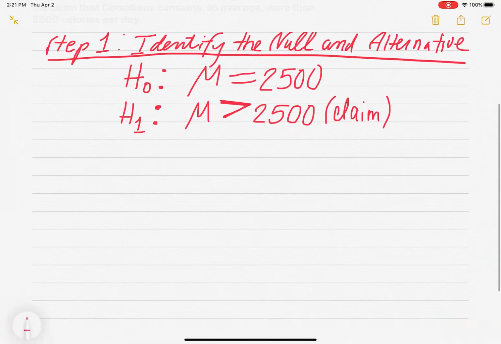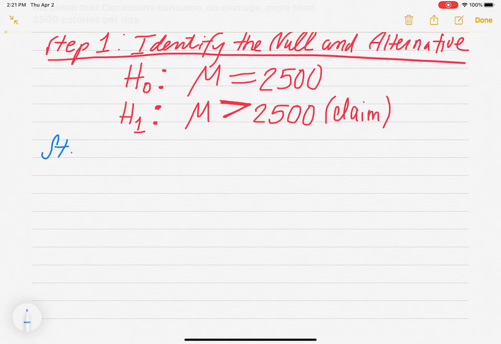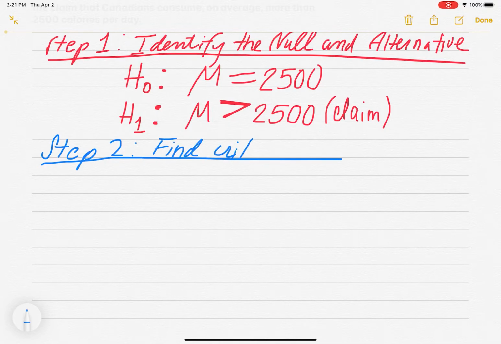Step 2. That is finding any critical values. So critical z-scores, critical t-scores, maybe just one, maybe two, we'll see. First of all, are we doing a z test or a t test?